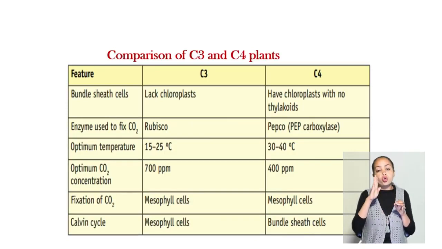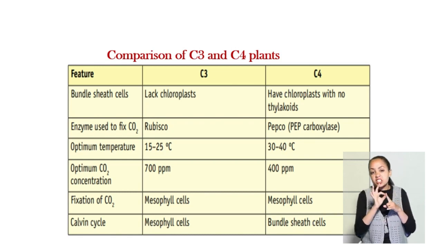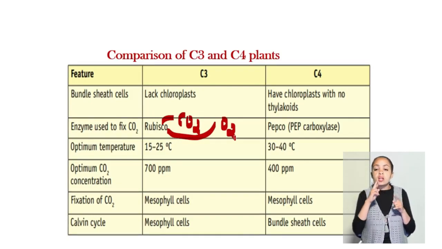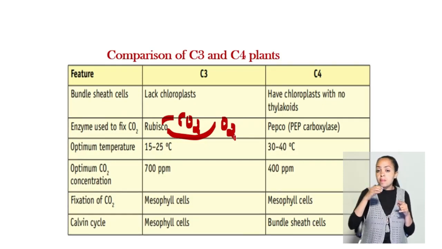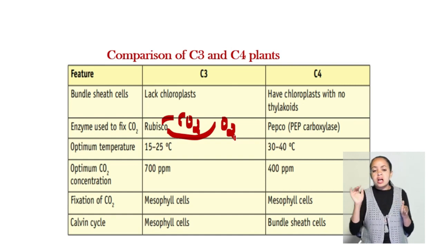Here, carboxylase, when carbon dioxide is fixed, and again oxygenase, when ribulose bisphosphate reacts with oxygen. But here only, there is PEP carboxylase, that is, phosphoenolpyruvate carboxylase, which catalyzes the reaction between phosphoenolpyruvate and carbon dioxide.